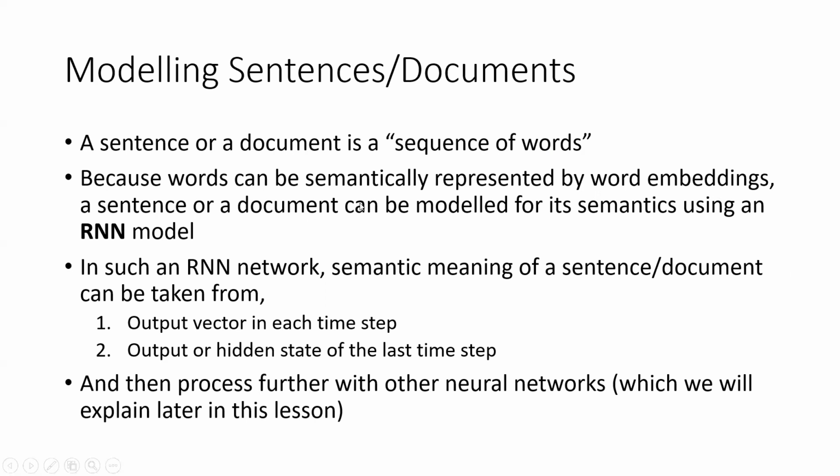And because a sentence or a document is a sequence of words, we can model these sentences or documents with RNN models, right? RNNs can model a sequence of events, and events should be represented with a vector. Words can be represented as vectors because of word embeddings, and a sentence or document is a sequence of words.